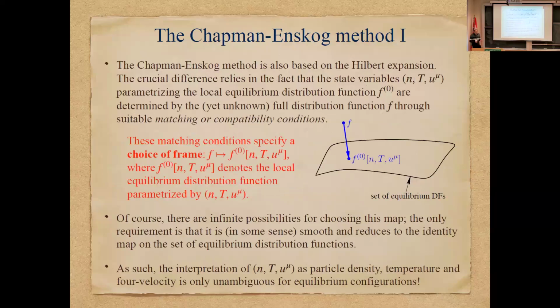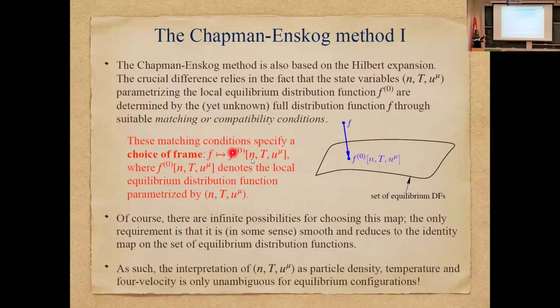So let me explain now a slightly different method of doing this expansion, which is known in the literature as the Chapman-Enskog method. There's a subtle difference between the two: you assume that the local equilibrium distribution function F0 is constructed somehow.